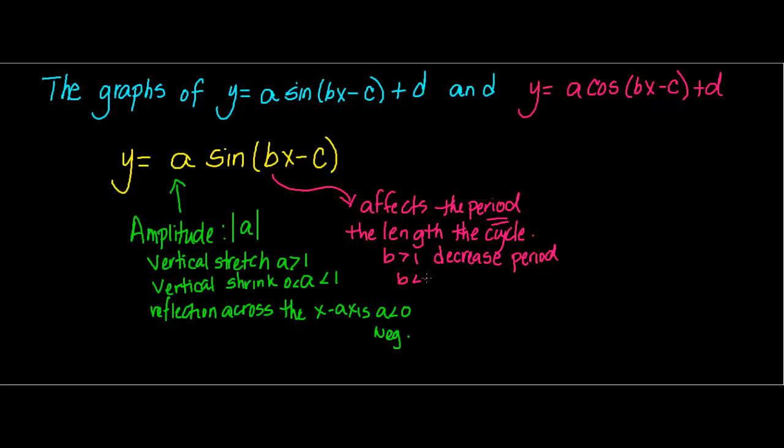When b is less than 1 but greater than 0, a positive fraction, this increases your period. That means that the length of the cycle is longer than 2 pi. And when b is less than 0 or a negative value, what we have is a reflection across the y-axis.